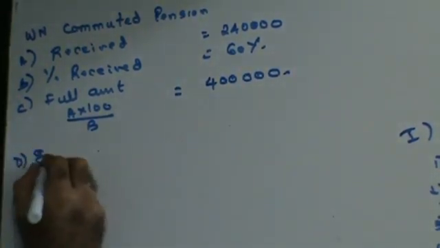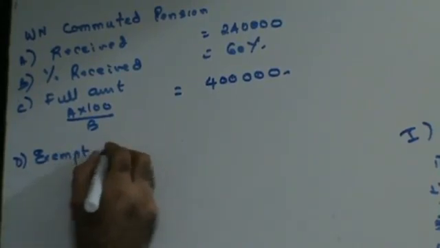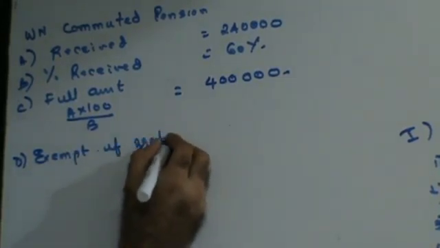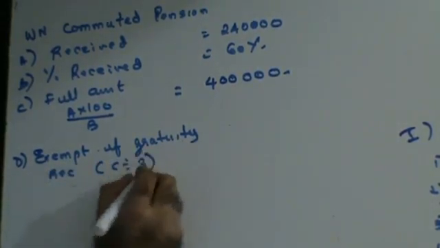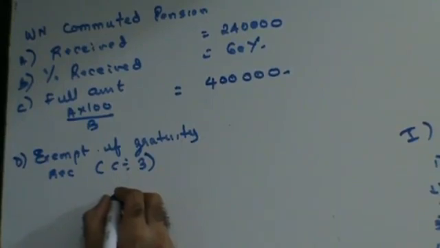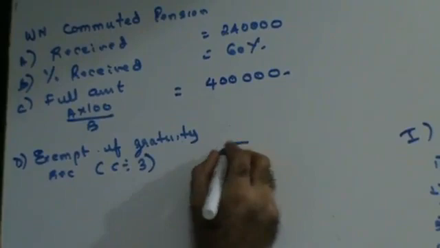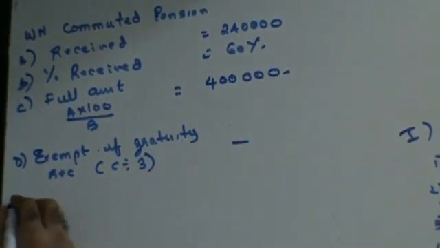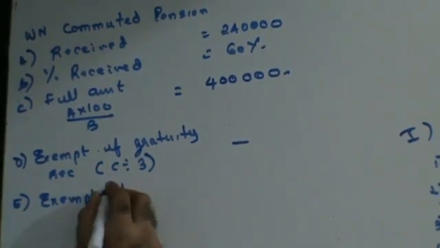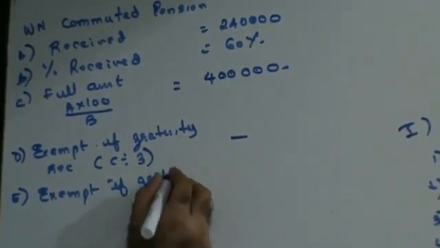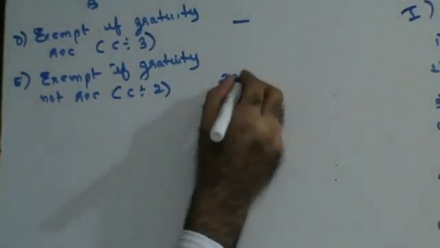D. Exempt if gratuity received is C divided by 3. As he has not received gratuity, this is not applicable. E. Exempt if gratuity not received is C divided by 2, that is 2 lakhs.